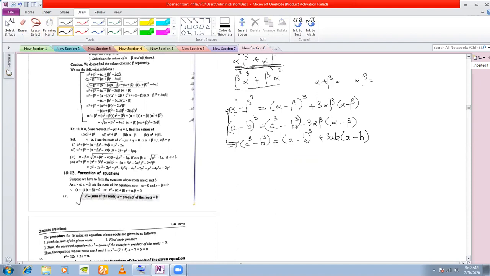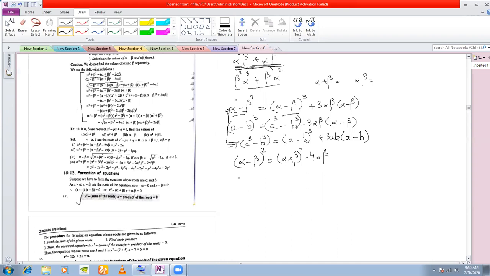And you know that alpha cube minus beta cube is a symmetric function of roots. But the next question is how to find out the value of alpha minus beta. Now, in order to find the value of alpha minus beta, you have to do it separately. You know that alpha minus beta whole square is equal to alpha plus beta whole square minus 4 alpha beta.